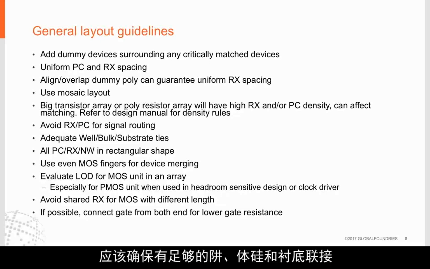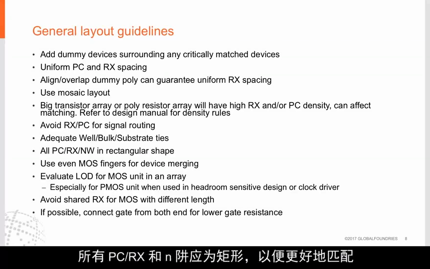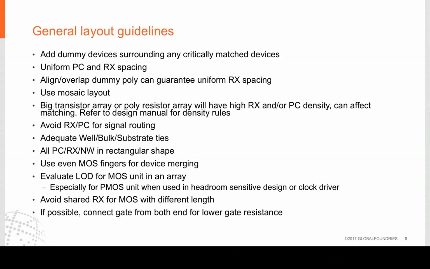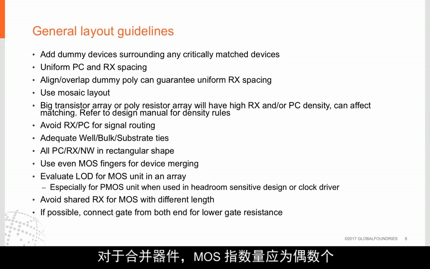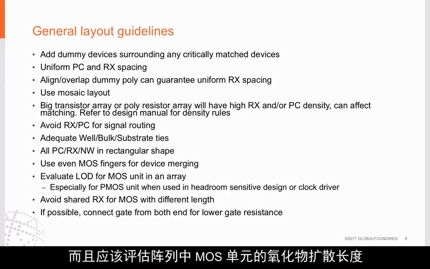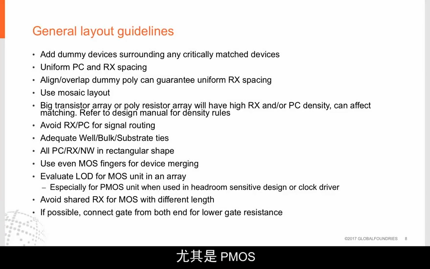You should be sure to have adequate well, bulk, and substrate ties, and all PC, RX, and N wells should be rectangular in shape for better matching. You should use an even number of MOS fingers for merged devices, and you should evaluate the length of oxide diffusion for MOS units in an array, especially for the PMOS.